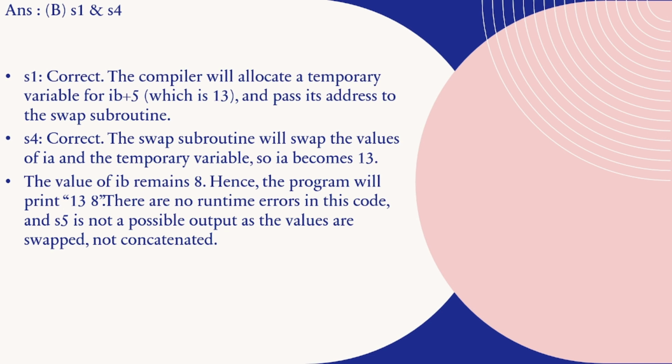Statement 4 says that the swap subroutine will swap the values in i of a and the temporary variable. So i of a becomes 13, the value of i of b remains 8, hence the program will print 13 and 8. And there is no runtime error in this code. So S5 is not possible, and that's why only two statements, S1 and S4, are correct.